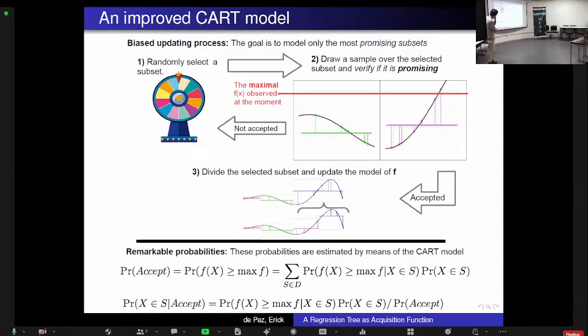We only compute this posterior probability, and that's all. So we don't need computing a lot of observations. Just based on the previous data, we compute this posterior probability, and this is the method that we are using to select the most promising subset. This is the most important point of the paper and is the only difference from a regular CART model.